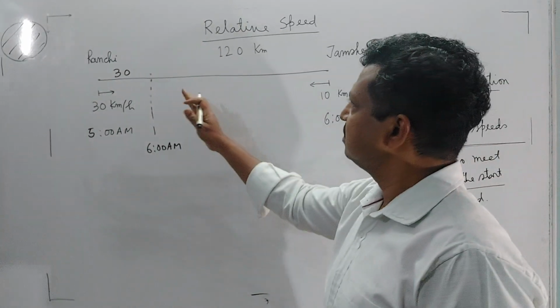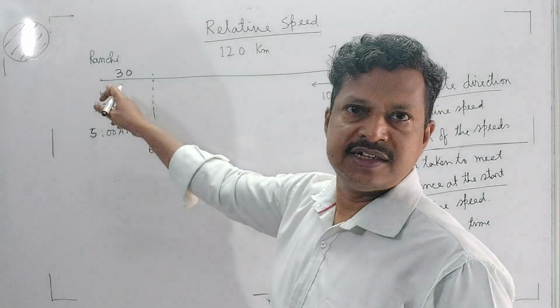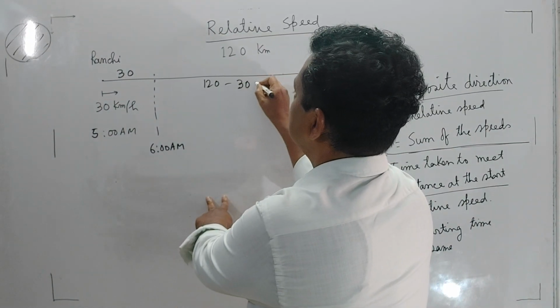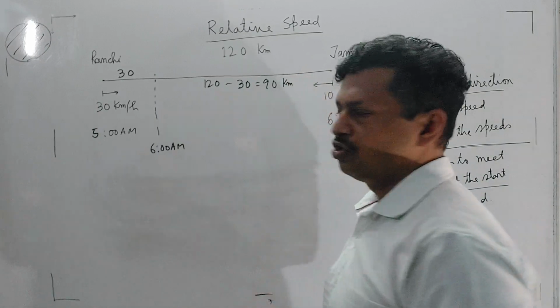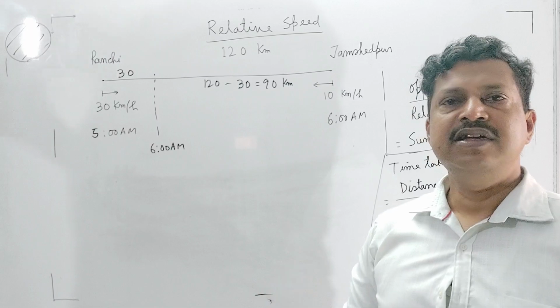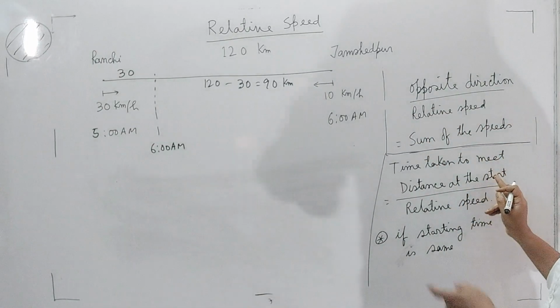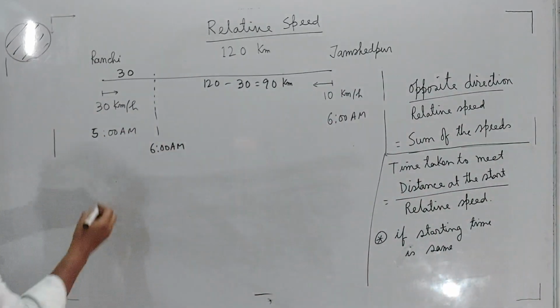What is the distance at 6 a.m. between these two? 120 kilometer minus 30, that is 90 kilometers. So I can use this formula. Beyond 6 a.m., the time taken to meet will be the distance at the start, that is at 6 a.m., divided by the relative speed. So time taken will be what?